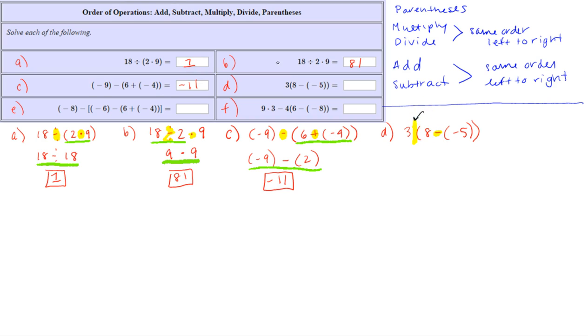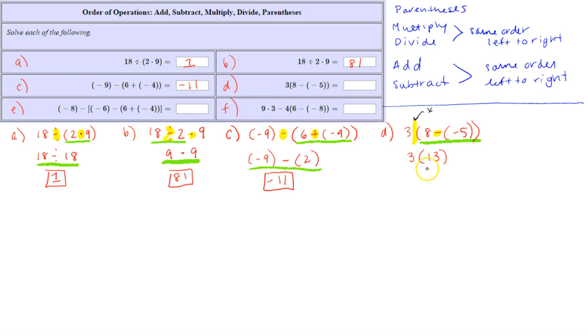So this is implied multiplication. So we have two operations to perform, multiplication and subtraction, but the subtraction is in parentheses, so we're going to do this first.